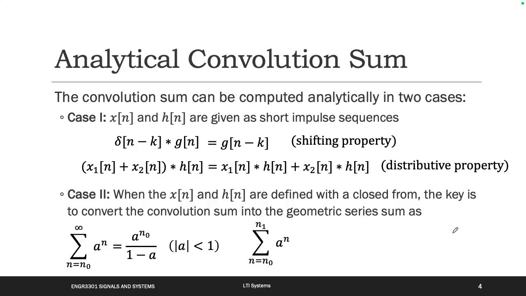So if you try to find the result for case two, you need to pay attention to these two situations. And for this one, you can see this equation equals this one. Any questions so far? Do you know why this equation equals this equation?